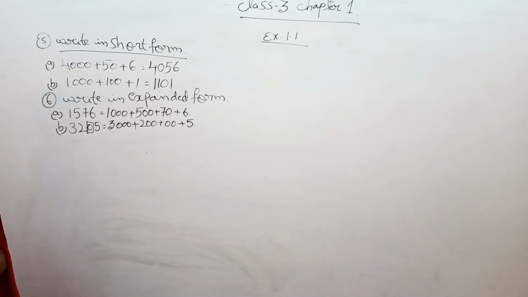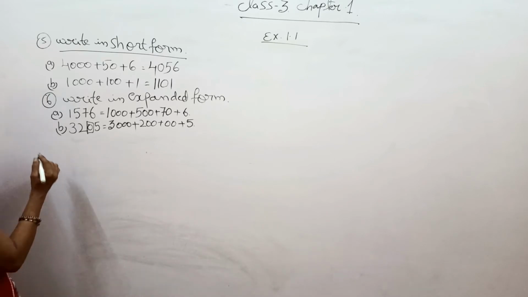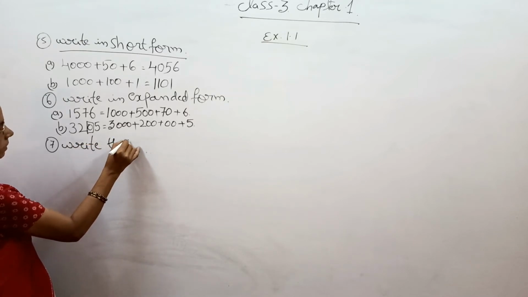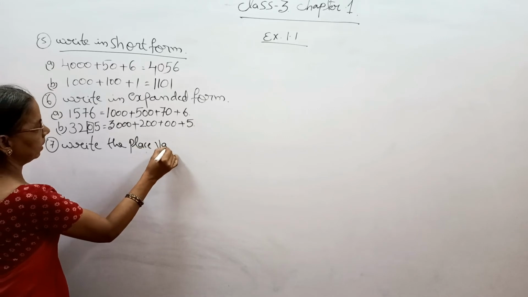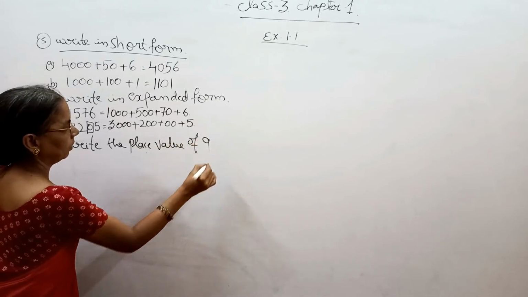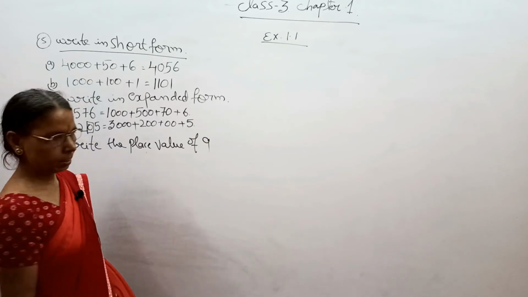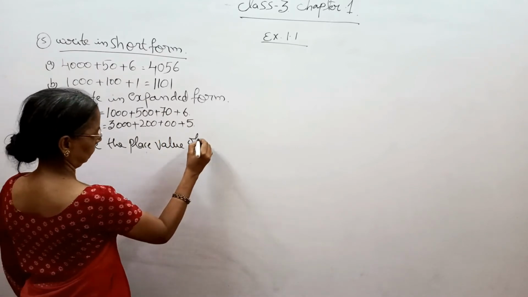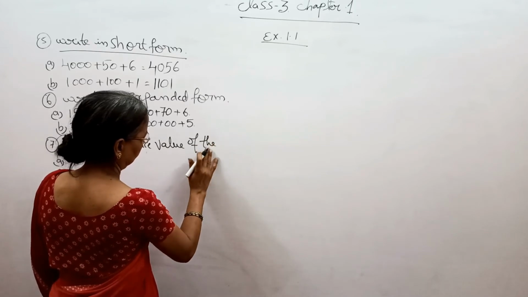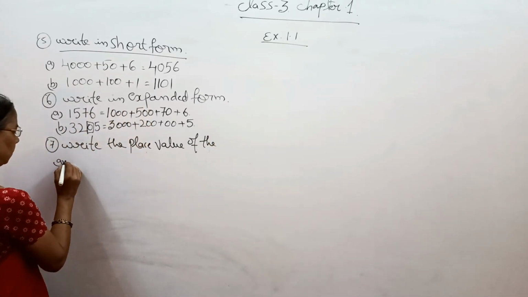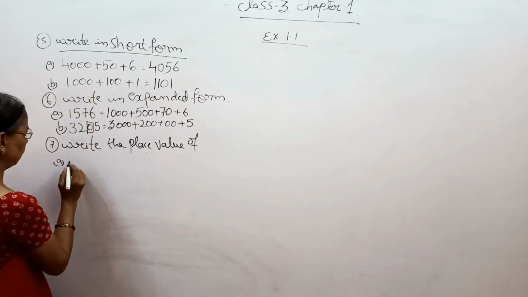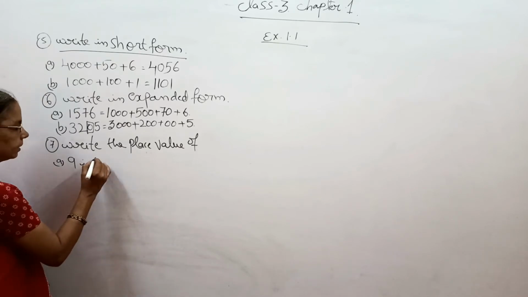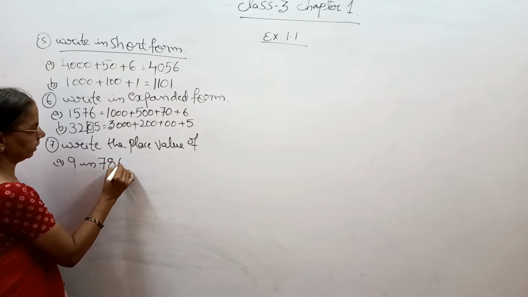Question number 7. Write the place value of 9 in question number A, 7,869.